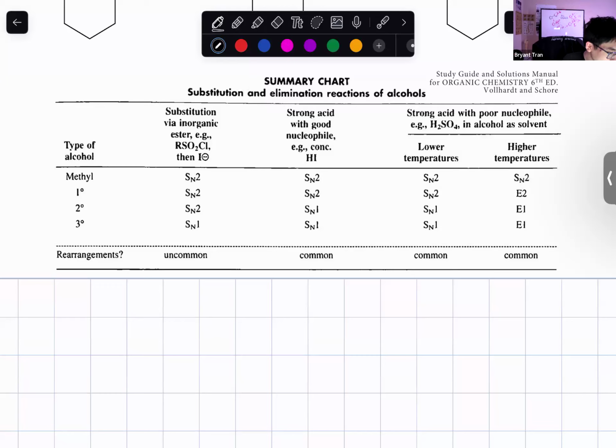Okay, yeah. So it looks like he stopped before isomerization, but you already know about that because I remember you asking me that question before. So, dehydration.